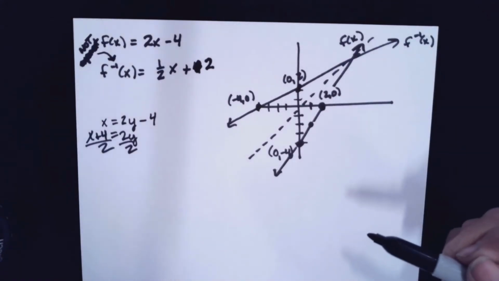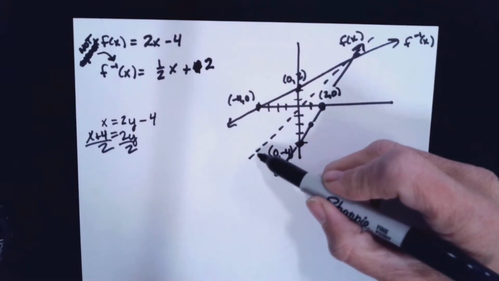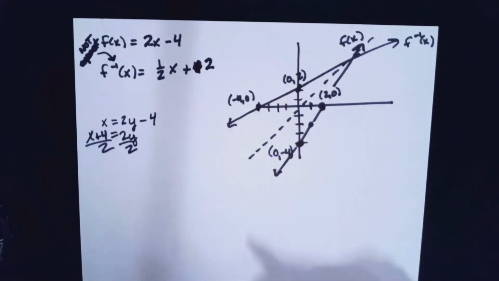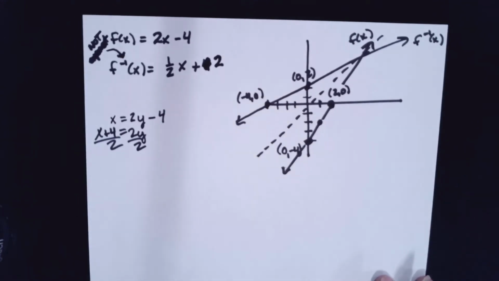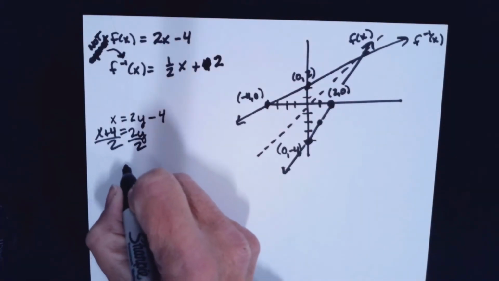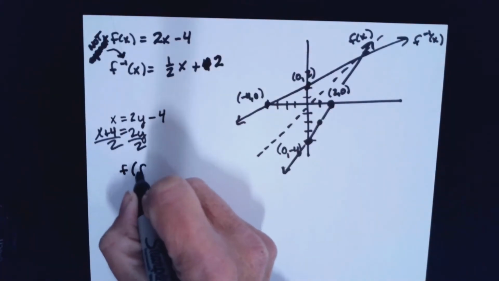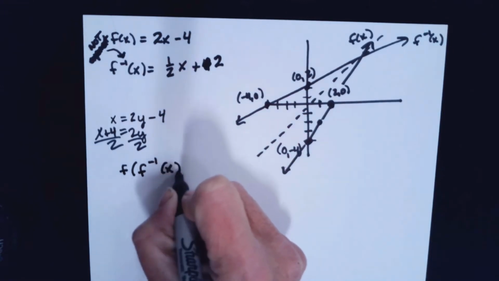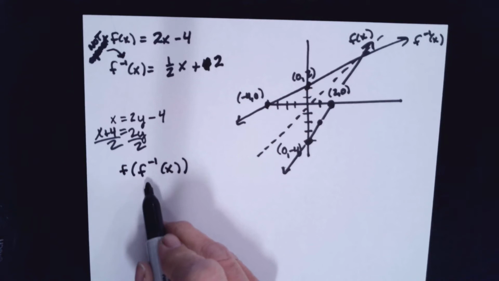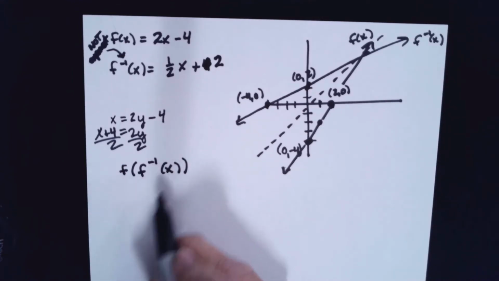So these are inverses of each other. And remember also that they're reflections over that line y equals x. And also remember how to verify or show that these are inverses of each other, you do the composition. Remember, we could do the composition of the function and the inverse of f of x.